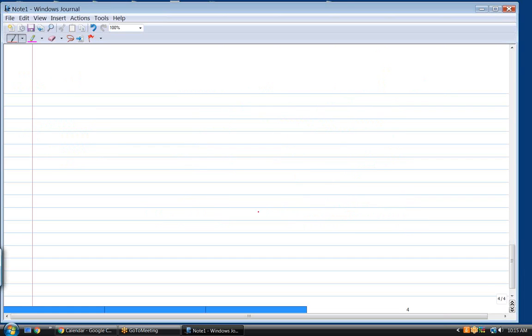Let me test your square root knowledge. In fact, a really good thing to know is squares. In other words, you don't want to have to go to a calculator to do this. What's 2 squared?